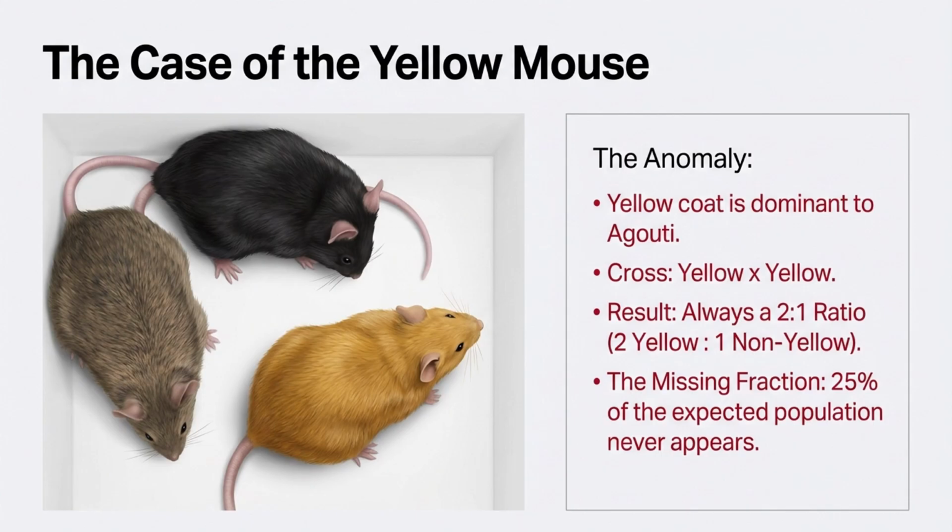So this is not following the Mendelian rule. In this coat color example in mice, exactly 25% of the expected population is missing. It means that 25% are not even born.